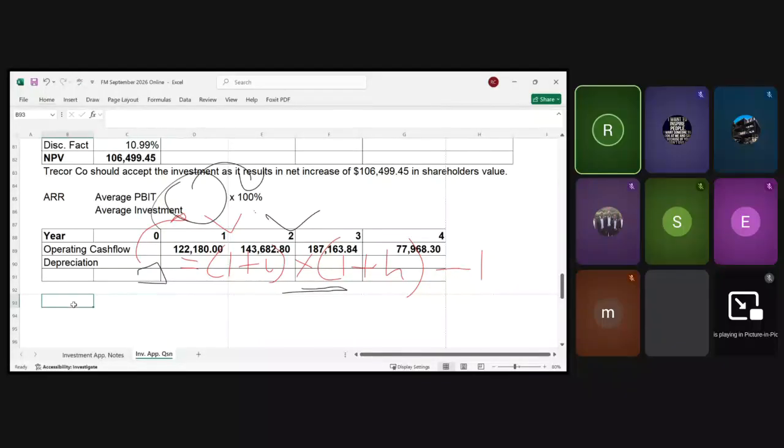What we need to know is the total depreciation and the total cash flow. So our total operating cash flows, we just sum all of them and put them here. These are 530,000.